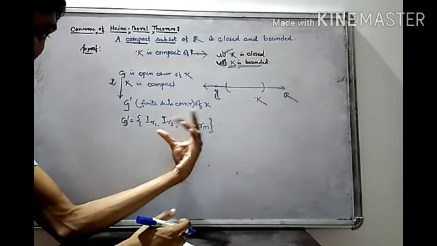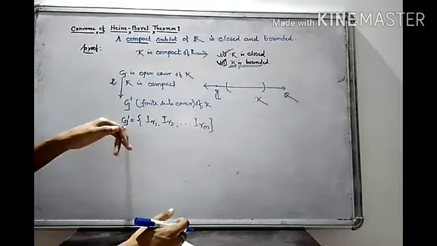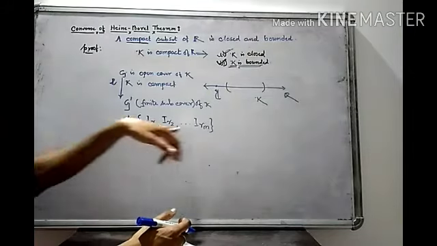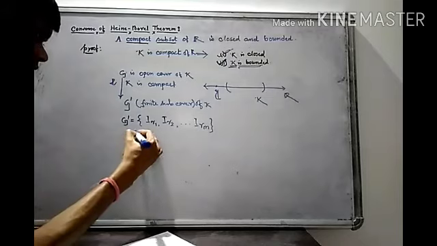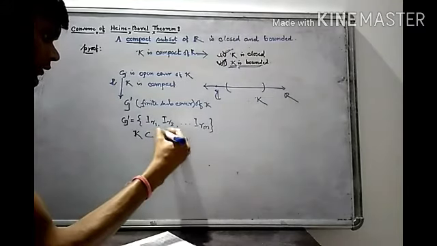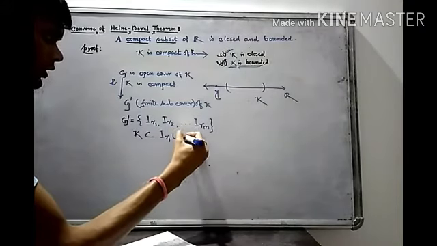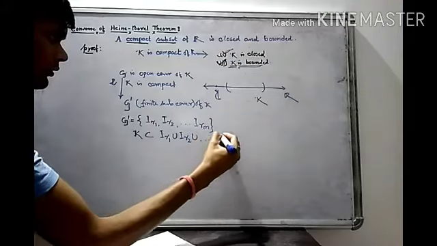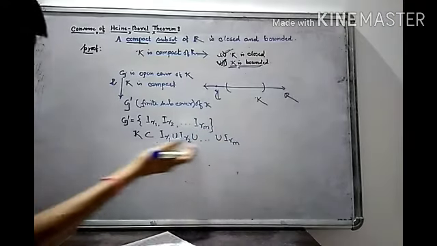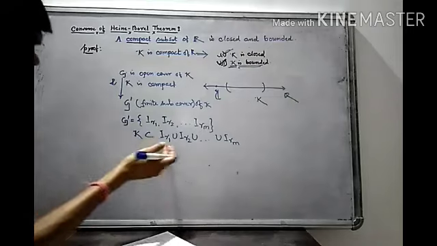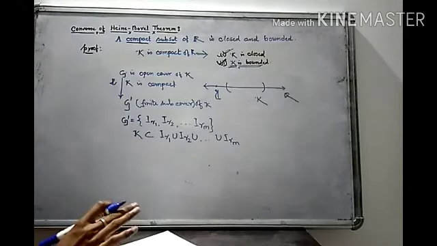These are simply notation. And K is a subset of I_R1 union I_R2 union dot dot dot union I_RM. Why? Because this is the finite subcover. So if we take their union, then K will be a subset of this. Clear? Okay.